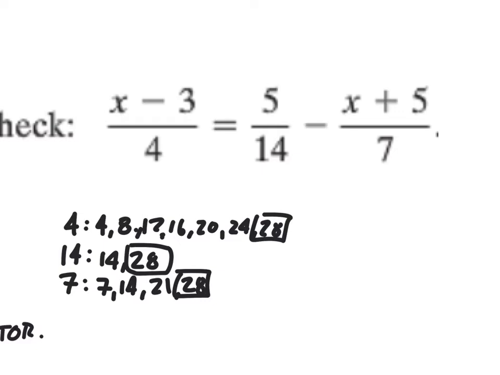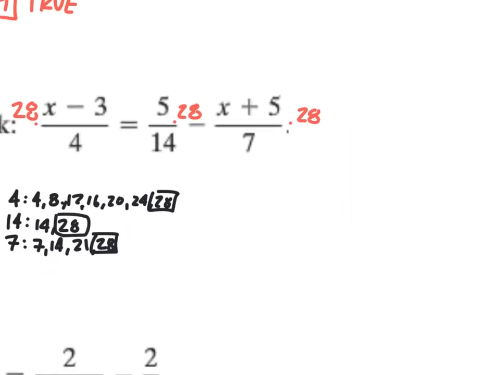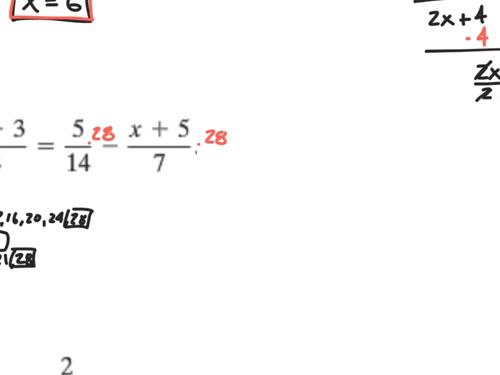All right, so what I want to do is multiply each of these terms by 28. So I'm going to multiply this by 28, multiply this by 28. Okay, and when I do that, here's what's going to happen. All right, let me do this work over here.